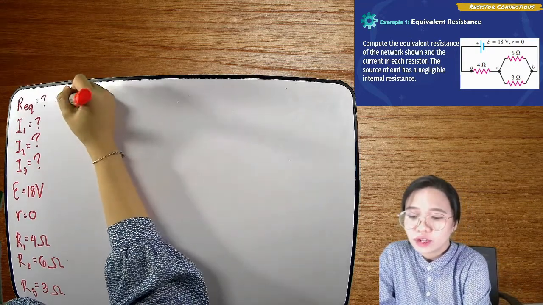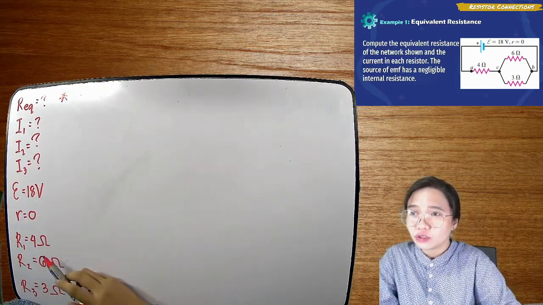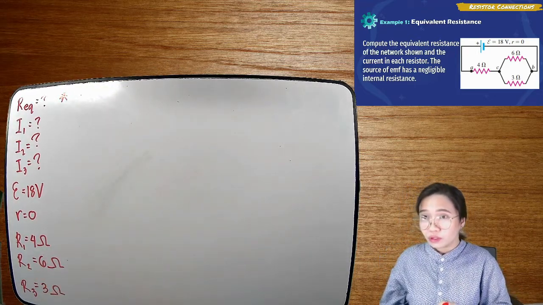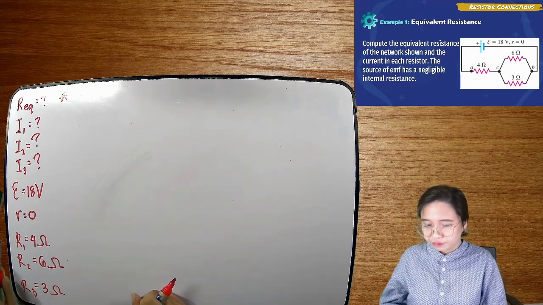Okay, so we will write here. Your 6 ohms is our R2, and our 3 ohms there is our R3.